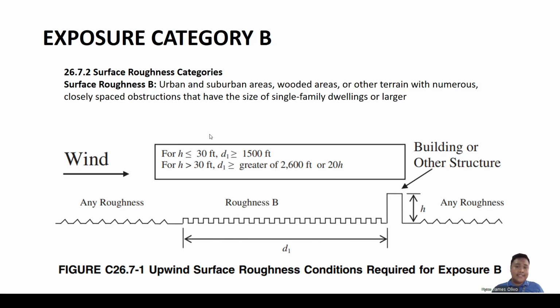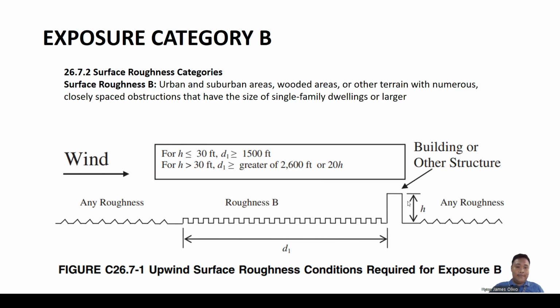So the next category we should discuss, but before that, in order for this one to be considered as category B, the D1, as you can see here, or the distance between the building or structure and any roughness, in the middle of which is roughness B, should be greater than 1,500 feet for H that is less than 30 feet.